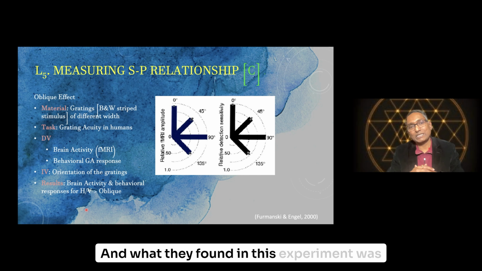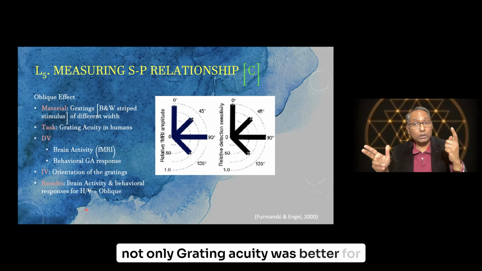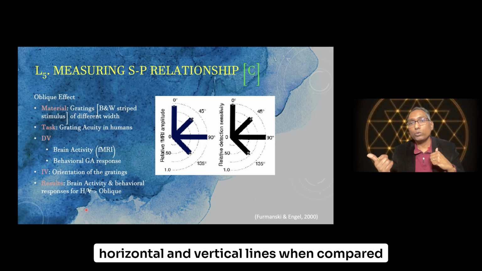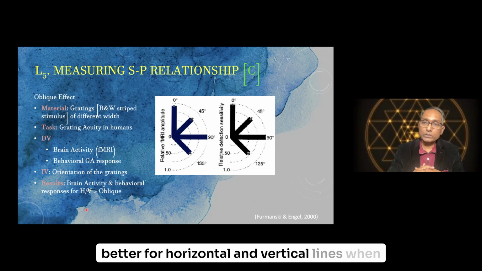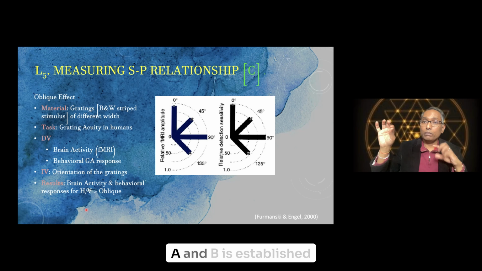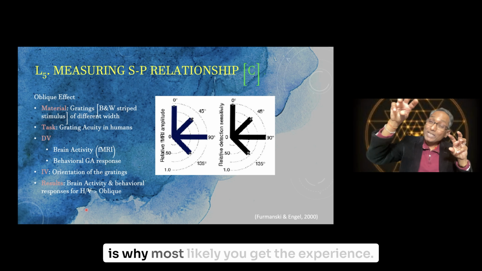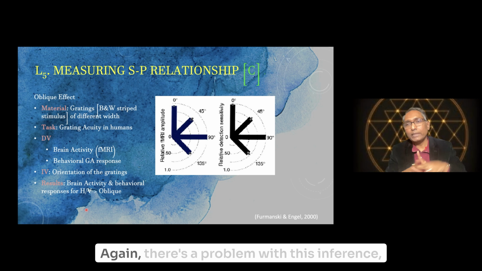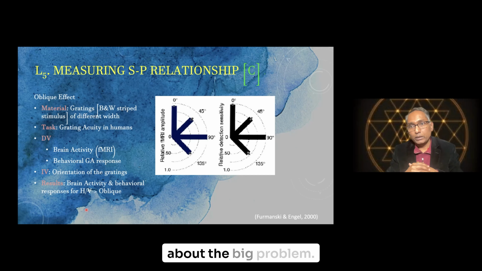And what they found in this experiment was that not only was the acuity better for horizontal and vertical lines when compared to other angles, the brain activity was also better for horizontal and vertical lines when compared to other angles. A and B are established. You can also infer that physiological changes are most likely why you get the experience. Again, there's a problem with this inference, which we'll talk about later when we talk about the big problem.